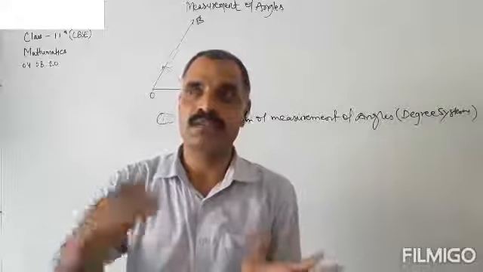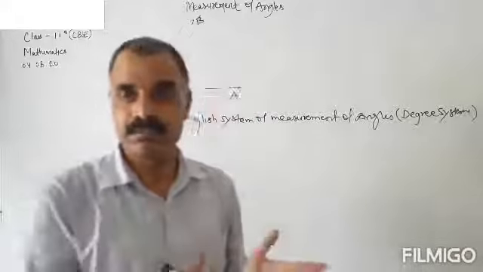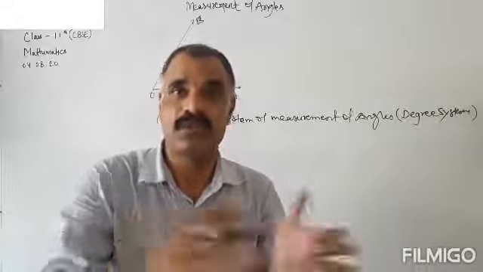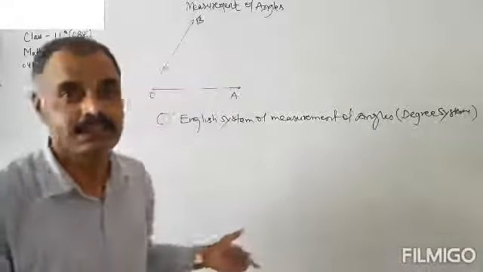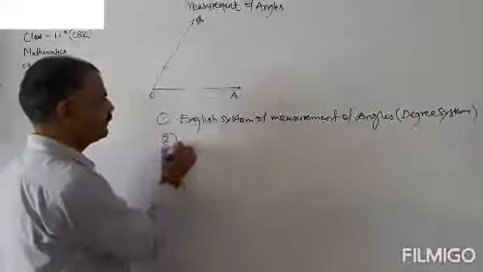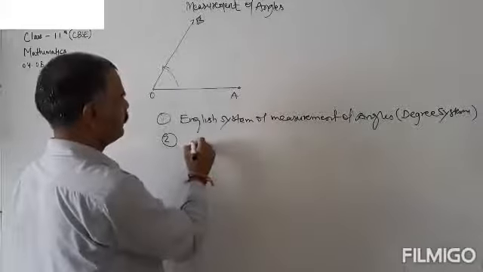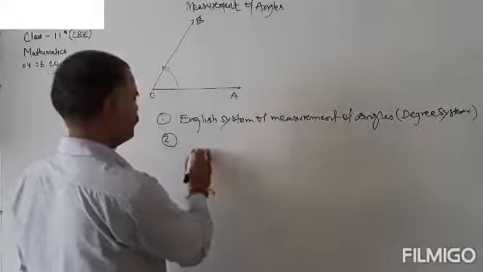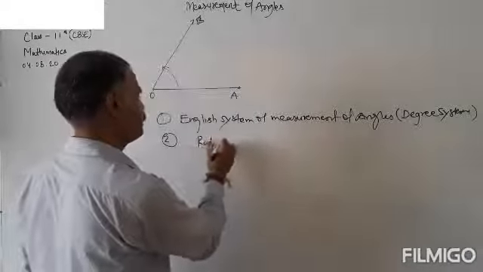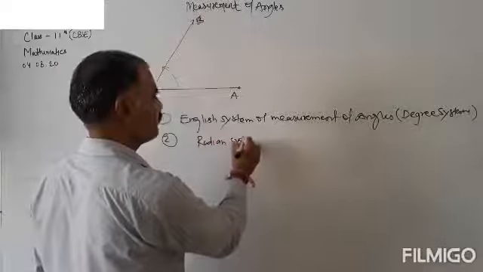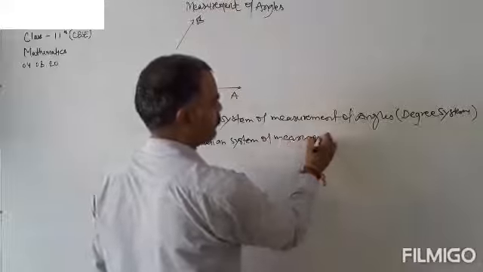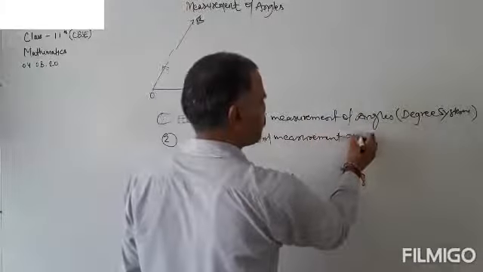We will study one by one. Firstly, I would like to tell you what the three systems of measurement of an angle are. The first one is this, and the second one is the radian system of measurement of angles.